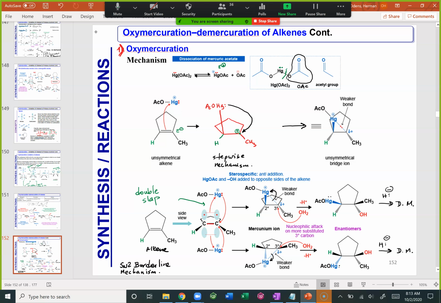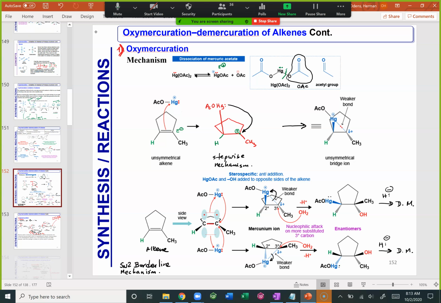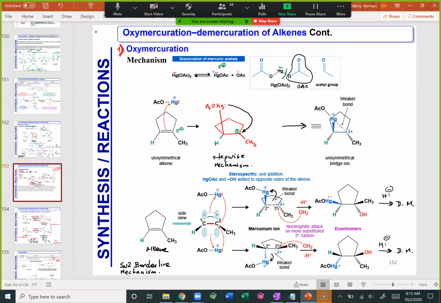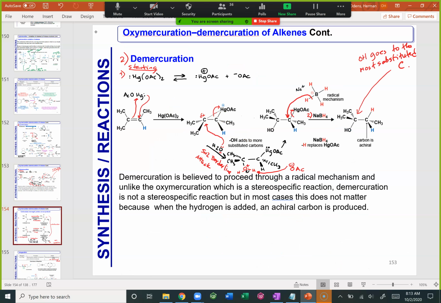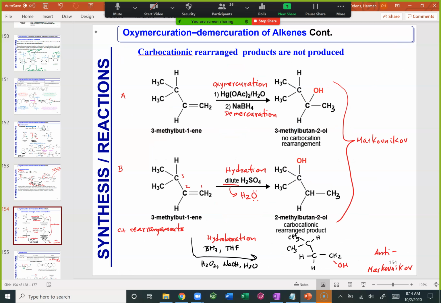All right. So yeah, we learned this mechanism in detail. You should know this. That's number 3. Here's a comparison now of oxymercuration versus hydration.